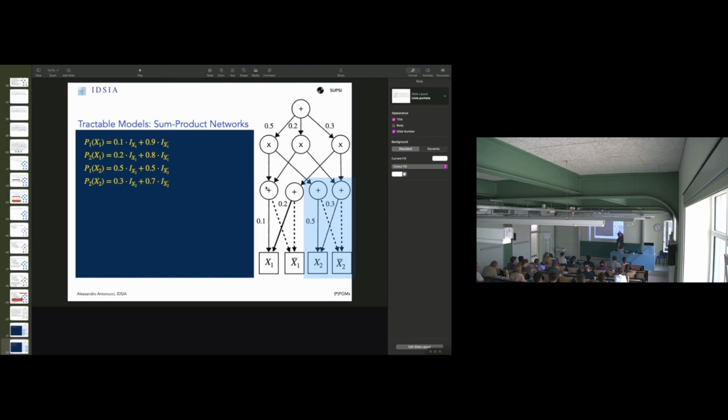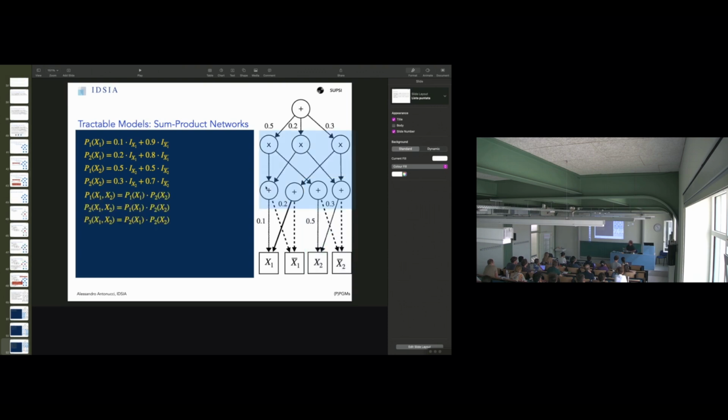So this is 0.5 first state of x2 plus the complement 0.5 second state of x2. Here I have 0.3 first state plus the complement 0.7 of the second state. Now I have four probability mass functions, two over x1 and two over x2.